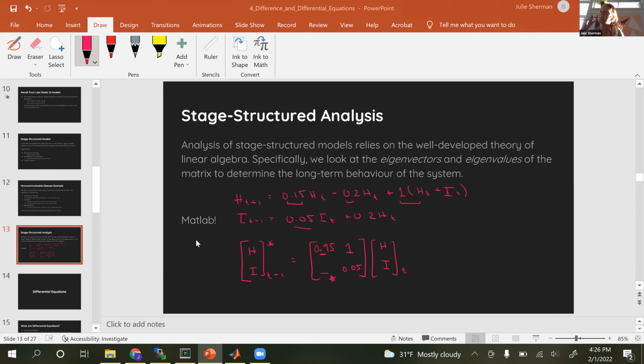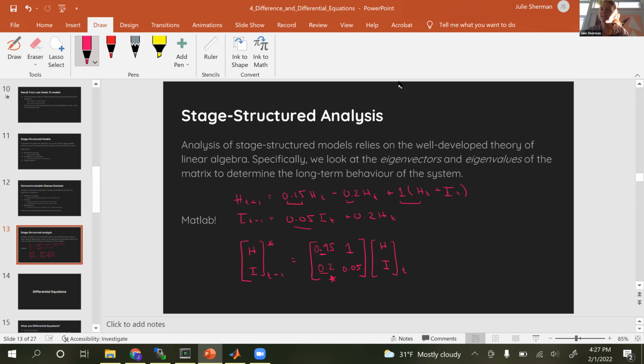So hopefully, maybe just by pattern recognition, if nothing else. Okay, great. It is 0.2.